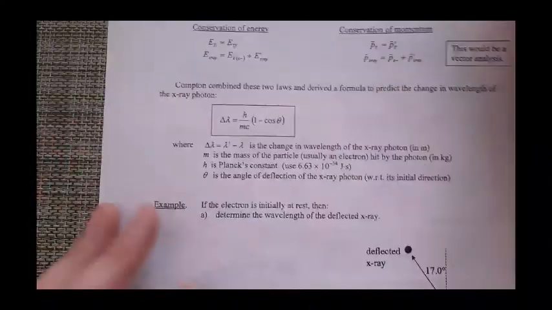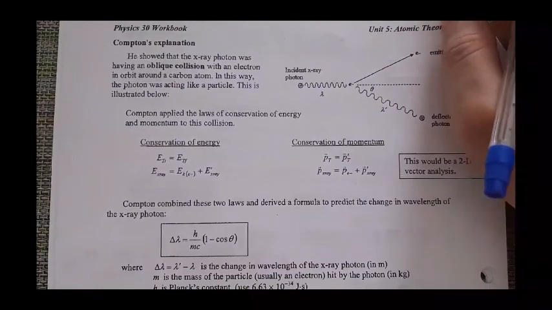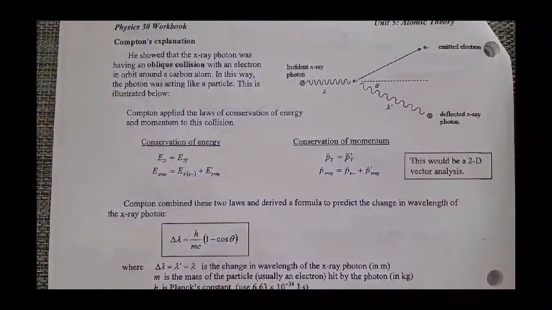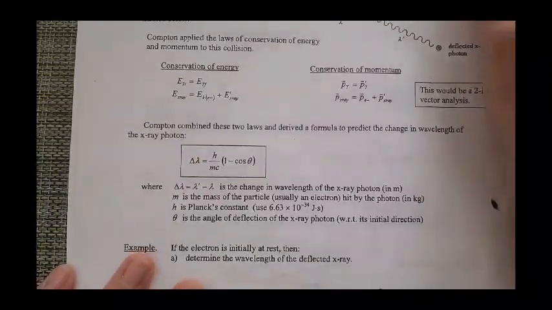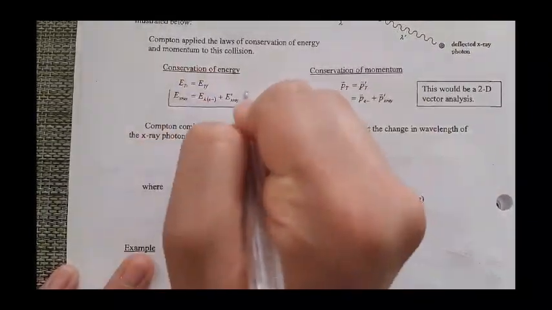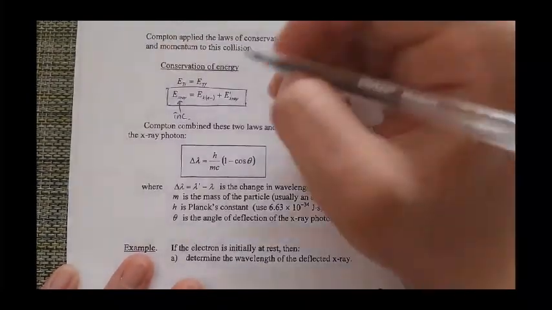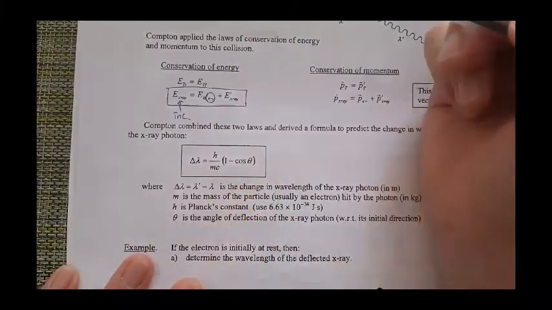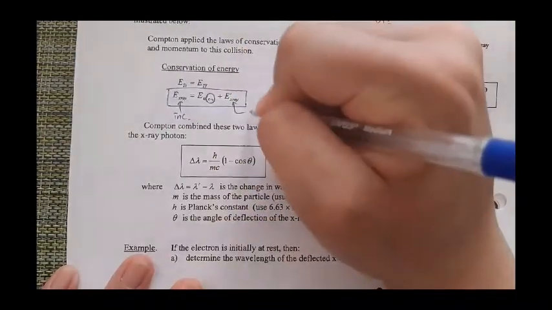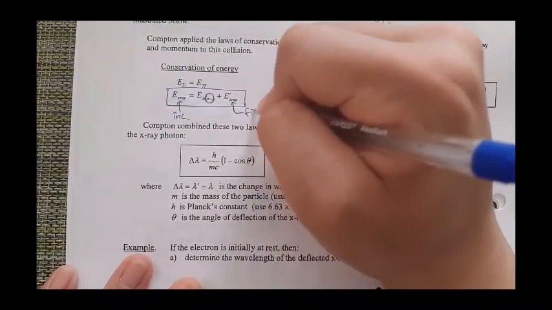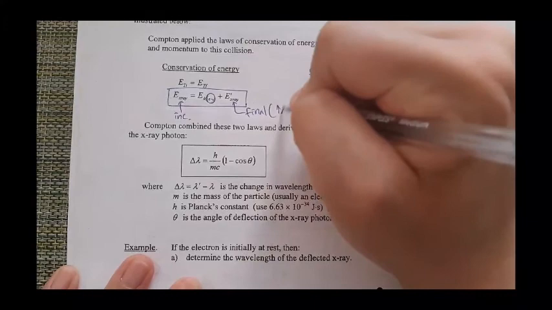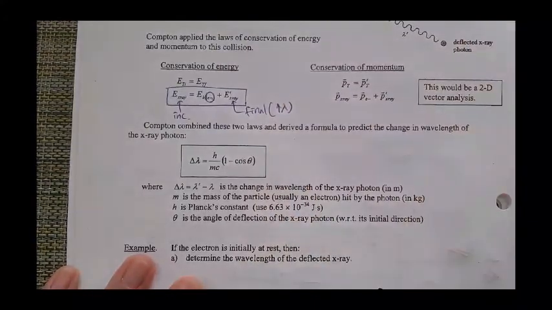So what's the formula? How can we calculate? Here's the thing. It goes with the conservation of energy and conservation of momentum. From the energy perspective, the energy of the incident, incoming X-ray is equal to the kinetic energy of the electron plus the final X-ray, which was generally of higher wavelength.